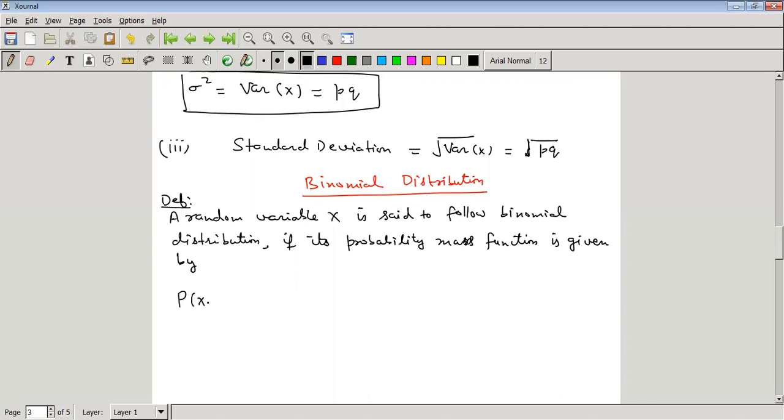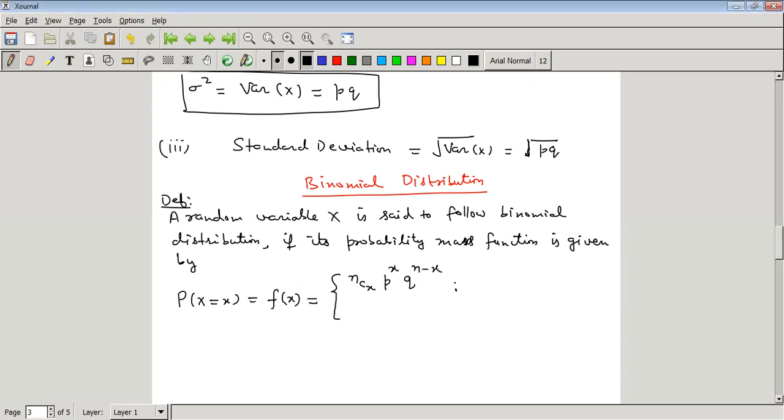probability of x equal to x, which we also denote by p x, or even by f of x, that is equal to nCx p to the power x q to the power n minus x.